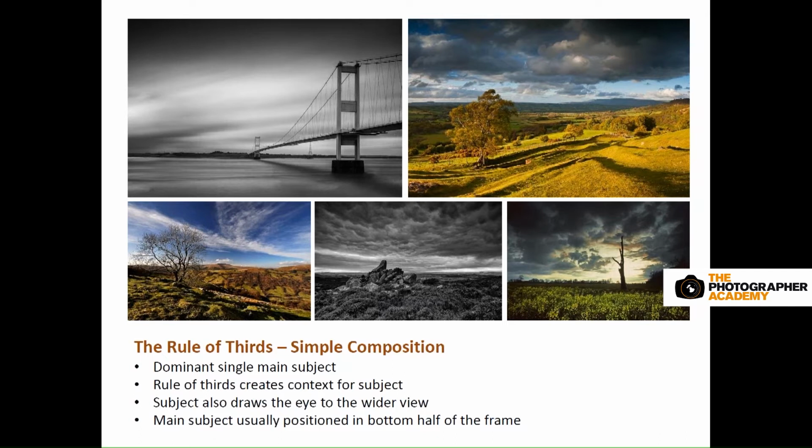Compositionally, like I mentioned earlier, the one with the single standing tree and the upright of the old Severn Bridge are pretty identical in composition, with the exception of one diagonal running through the bridge. So again, it's an example of where I've used a compositional style to demonstrate how you can bring images together.